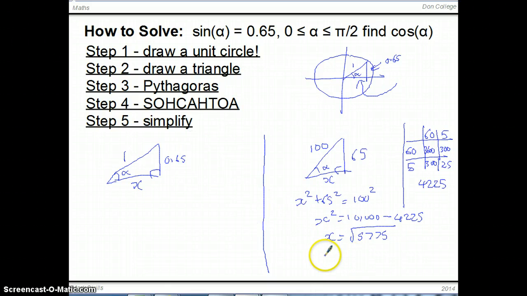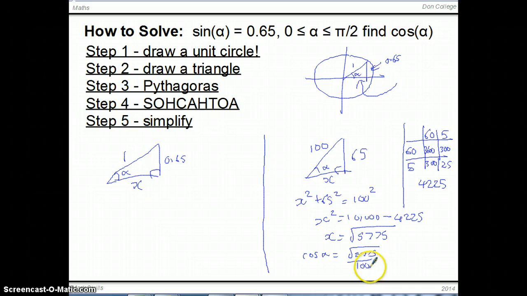Okay, so to go back to our triangle here, if we want cos of alpha, that's going to be the adjacent over the hypotenuse, so x, which is this, over the hypotenuse, which is 100. So cos alpha equals, so we could have that.